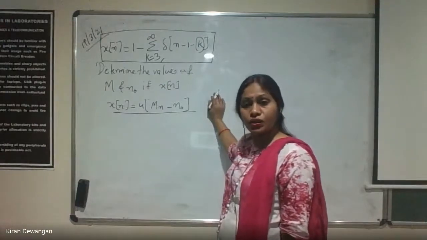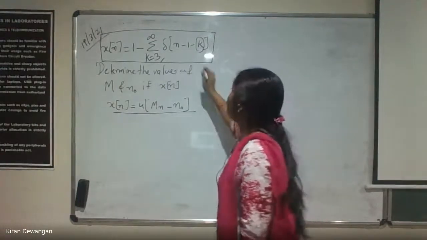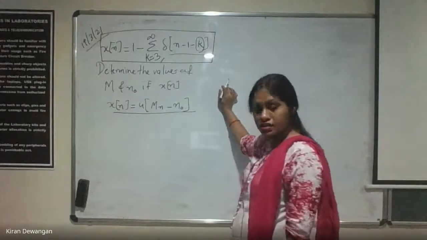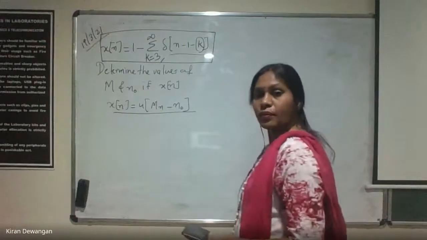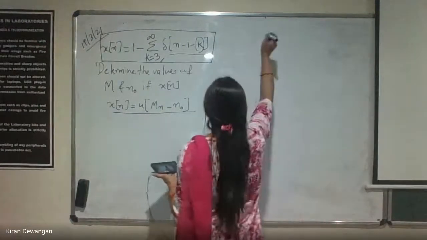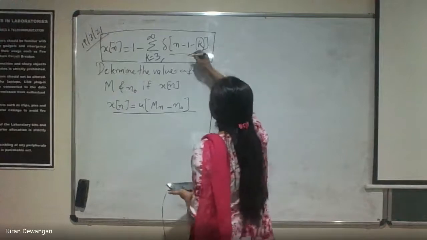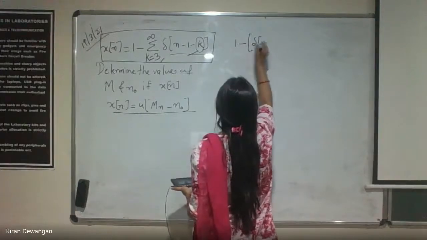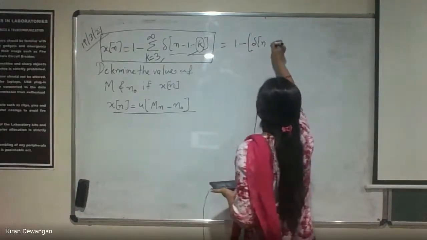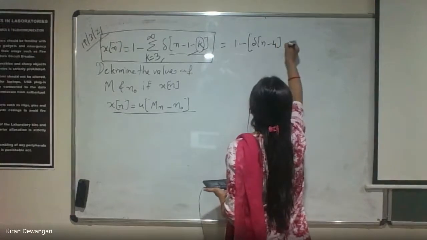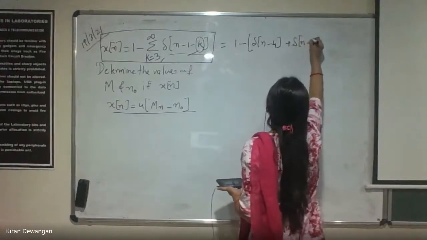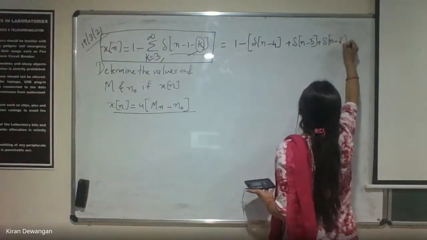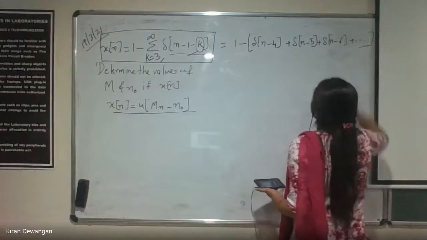If I keep the value k as 3, what will be this value? It will be delta of n minus 4, right? If I keep this, it will be equals to 1 minus delta of n minus 4 plus delta of n minus 5 plus delta of n minus 6 and so on.